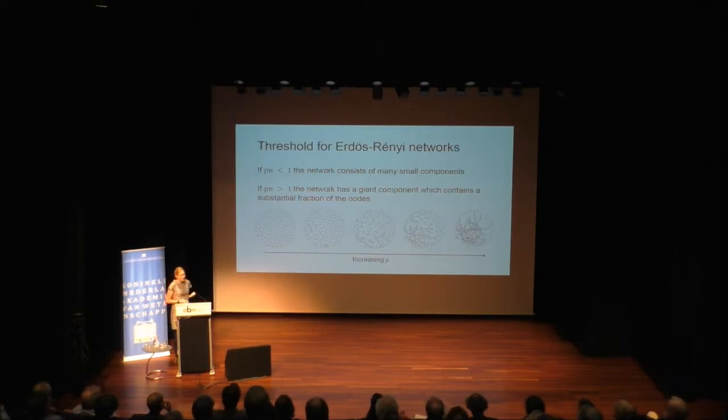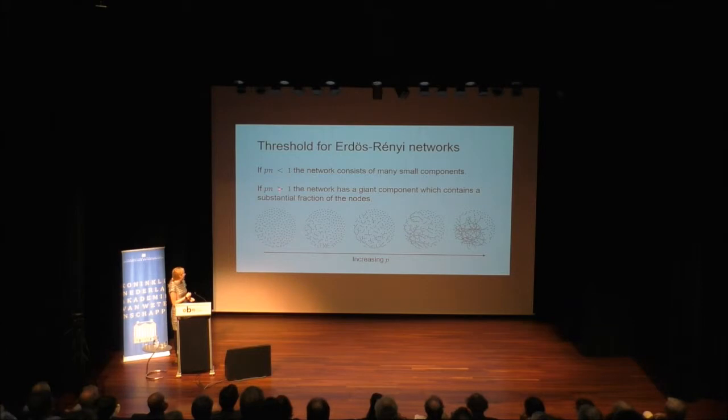And actually these networks are mathematically really well understood. And it turns out they have a similar threshold as we have seen for the SIR model, which is pretty cool because the mathematics behind them is quite different. But we still see this similar behavior where if P, the probability, times n, the number of nodes, is smaller than 1, then the network consists of many small components. So the network looks something like this, and the disease can't spread.